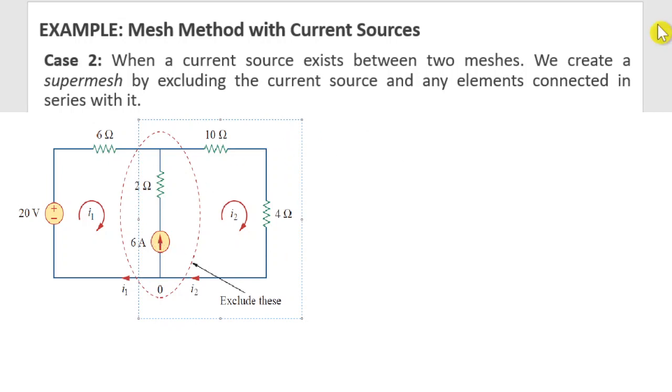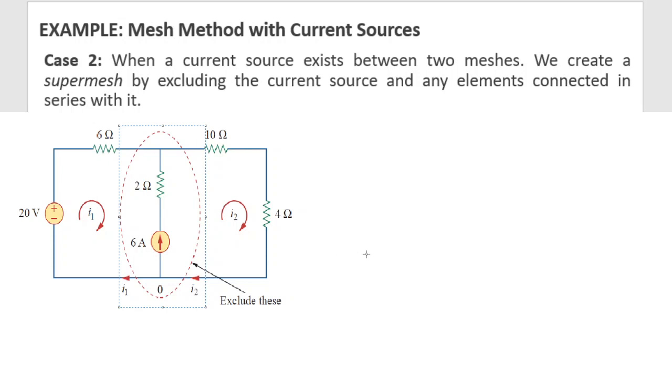We create a super mesh by excluding the current source and any elements connected in series with it. That's why from the figure shown, we have this series branch, exclude this as you form the KVL equation on the loop.